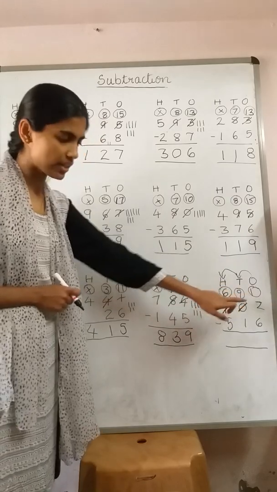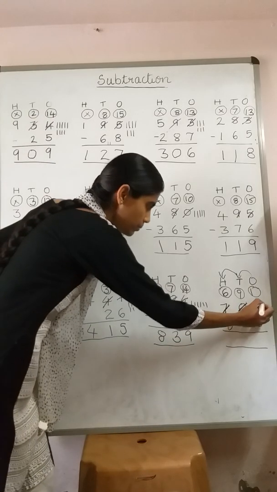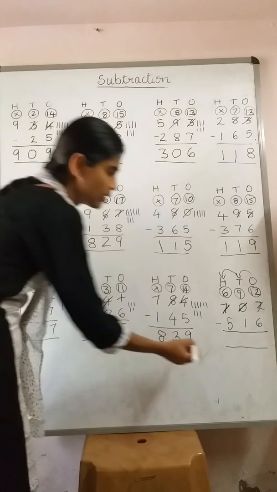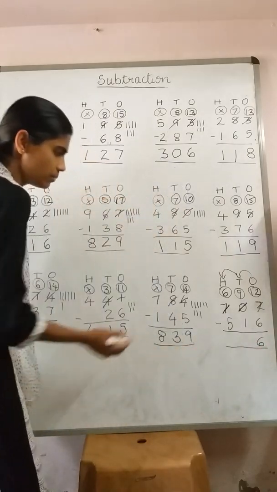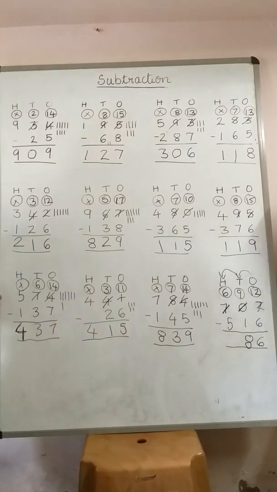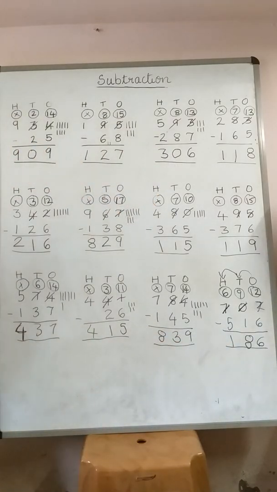As it is giving 1/10 to the ones place, the number changes to 9. So now strike this number and write it. It is 12. So subtract: 12 minus 6, 6. 9 minus 1, 8. 6 minus 5, 1. 186 is the answer.